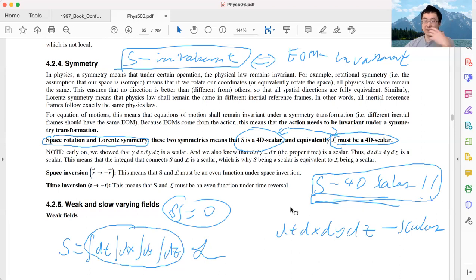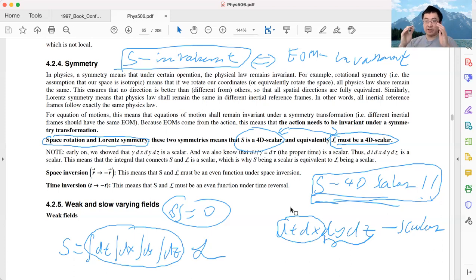We can think about the Lorentz boost. Say we do a transformation of the reference frame using velocity along the x-axis. We know that if the velocity is along the x-axis, dy and dz don't change after the Lorentz boost, but dt and dx would. One of them will get a prefactor of gamma. The other one will get 1 over gamma.